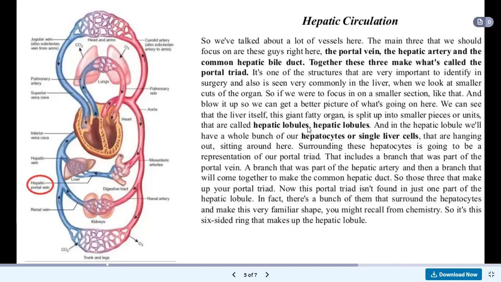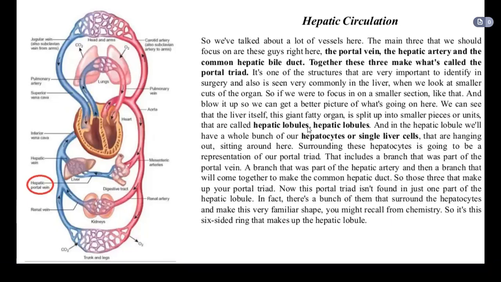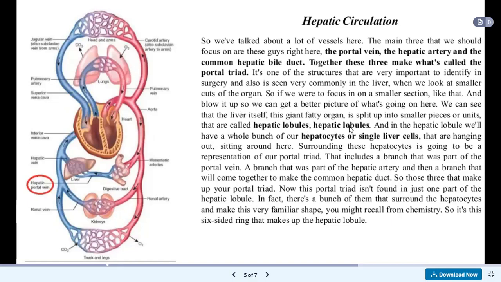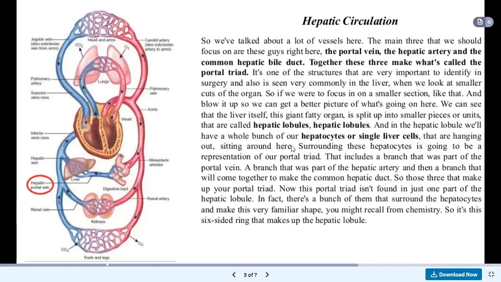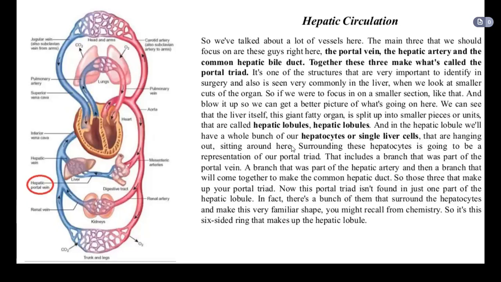In the hepatic lobule, we have a whole bunch of hepatocytes, or single liver cells, sitting around here.